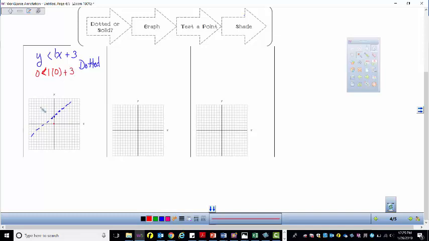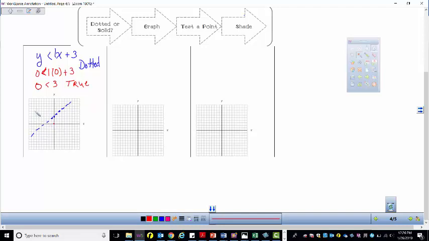And then we look at this. 1 times 0 right here is 0. So 0 plus 3 is 3. And I have 0 is less than 3. Is that true or false? Is 0 smaller than 3? So it's true. So since it is true, we get to shade where 0 is.